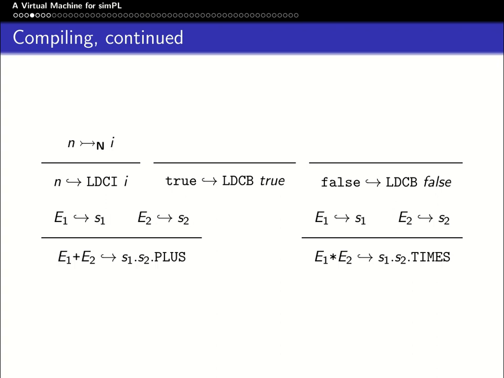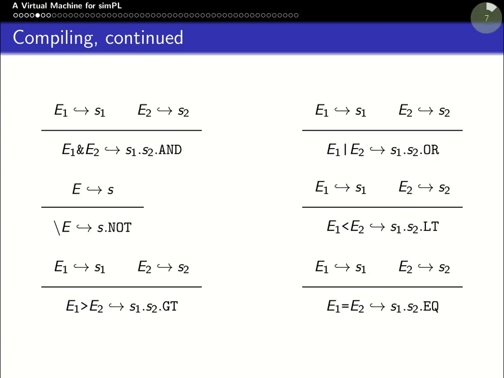Similarly for times, similarly for minus, which is not shown here, but the rule would be very simple. Similarly for all the Boolean operators. A conjunction is the ampersand sign, and we have an instruction called AND. Disjunction is the bar, and the virtual machine instruction is OR.